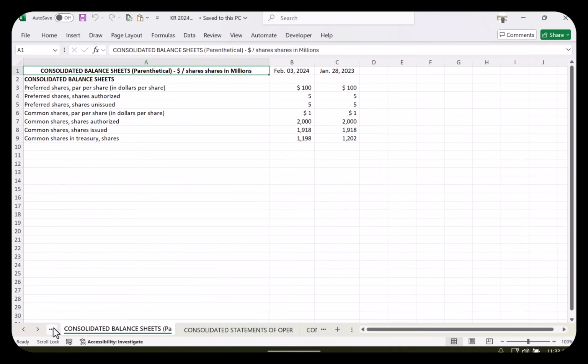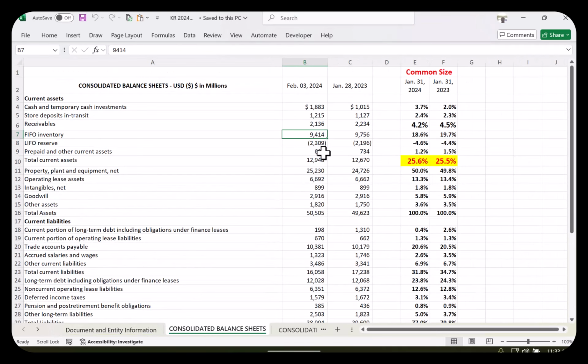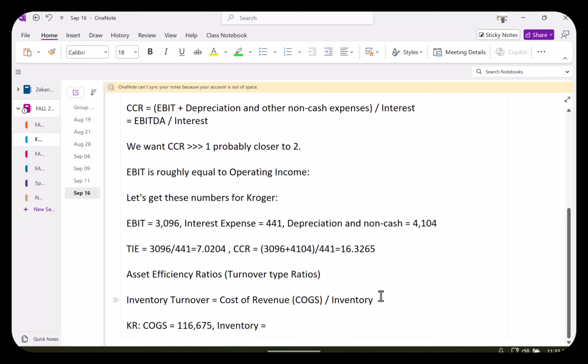And inventory is in the balance sheet, 94.14. So that number is close to 12 and a half.